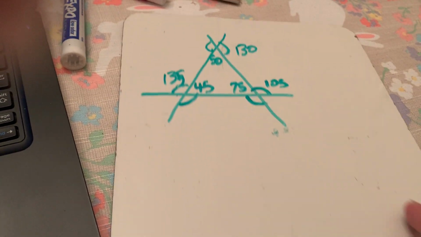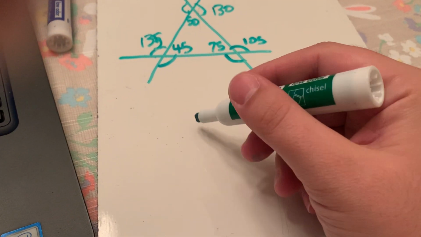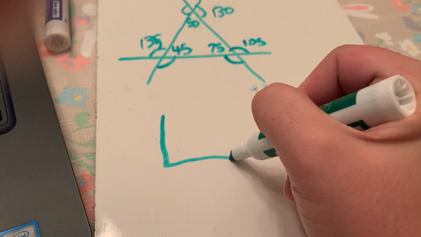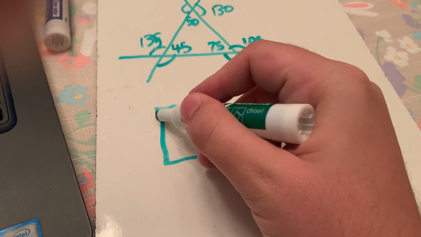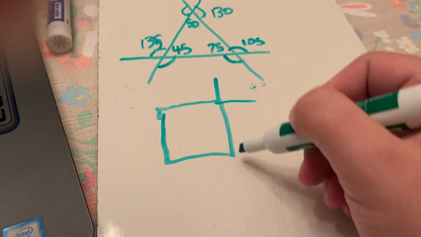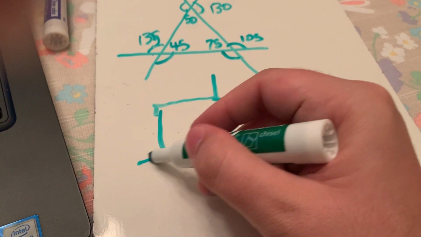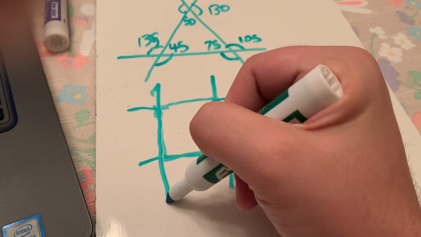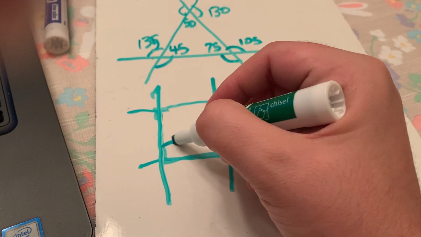All right, so let's look at a quadrilateral. I think the easiest thing here is going to be a square, but then I'll even show you with another quadrilateral. So a square or a rectangle. But again, let's say everything goes past. All right. Well, what do we know about a square? All the angles are 90, right?